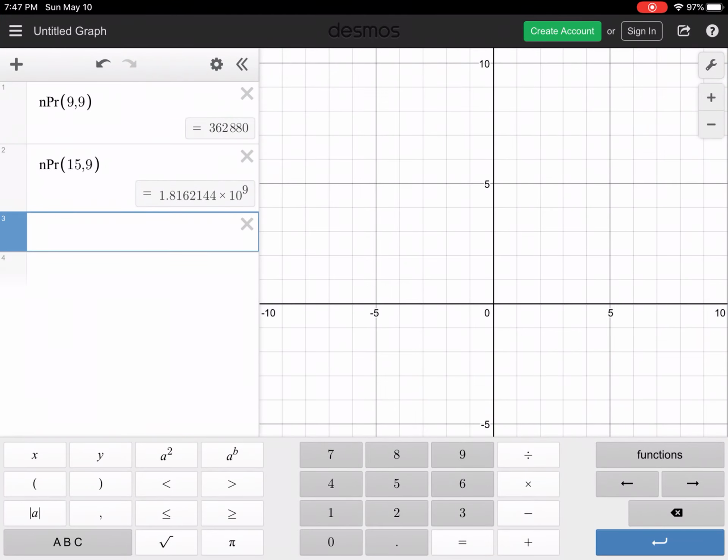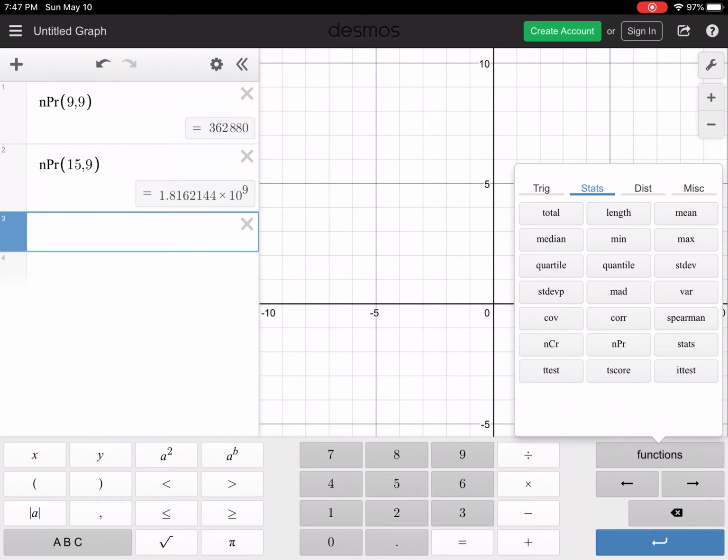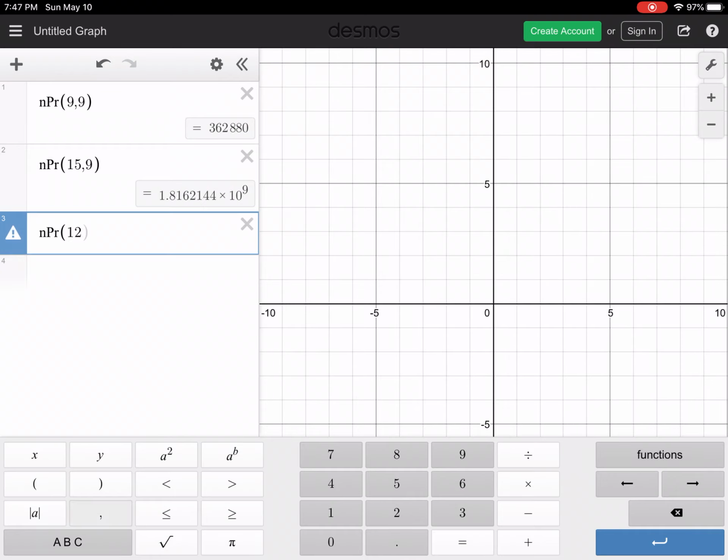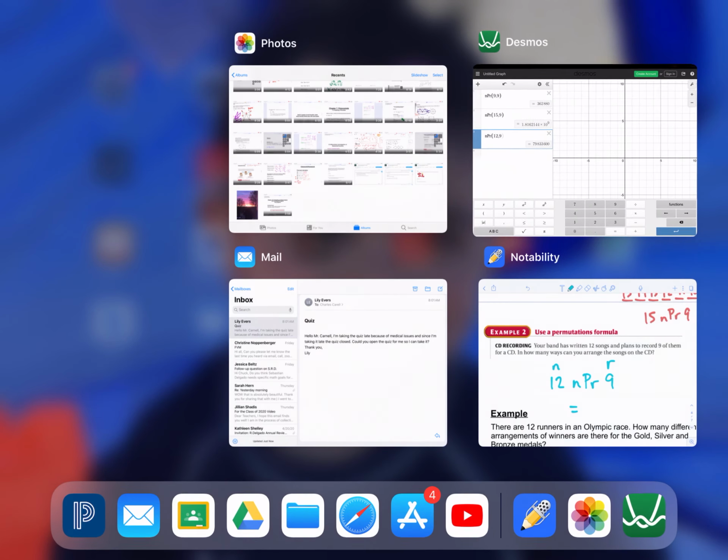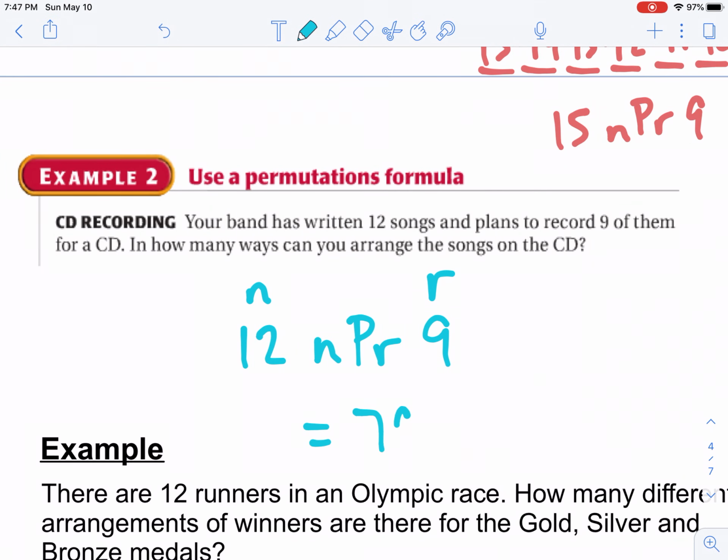So 12 nPr 9, let's see. 12, 9. 79,833,600. That's how many different ways you could select 9 songs from a group of 12 and order all 9 songs differently.